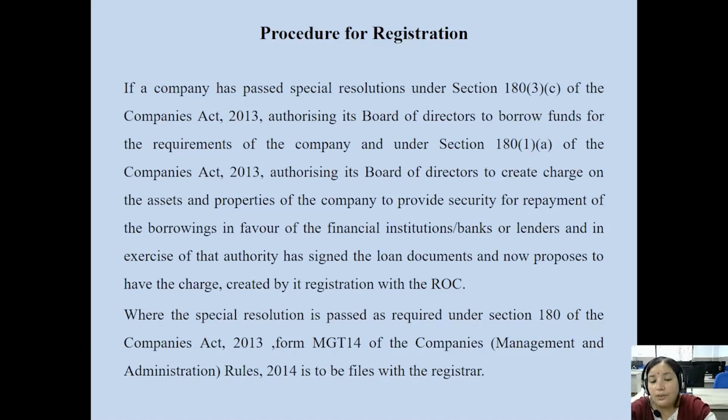In exercise of that authority, the board signs the loan documents and then proceeds to have the charge created by registration with the ROC.